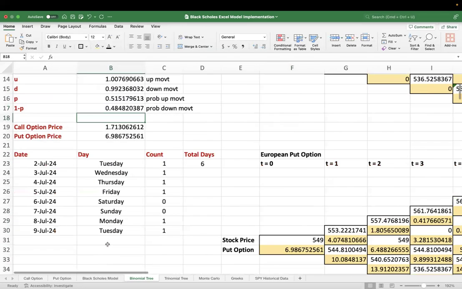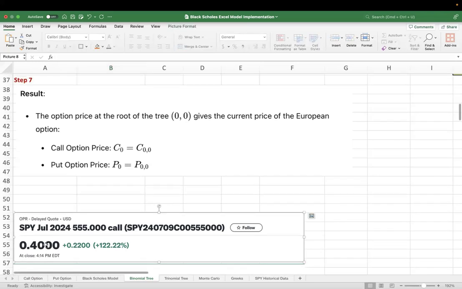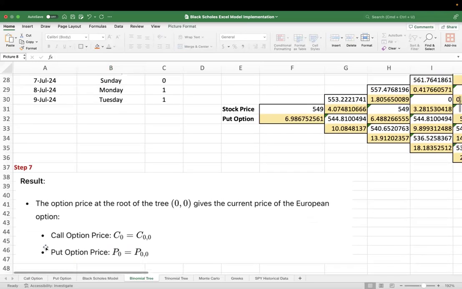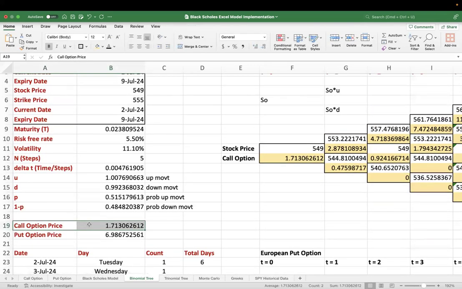Now if you see Yahoo Finance, this call option contract was trading at 0.4, but using the mathematical model, we realize that the real value of the option is 1.7. So can you all tell, was it undervalued or overvalued?